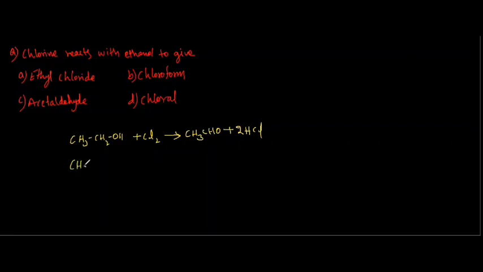The aldehyde again reacts with 3 moles of chlorine to form chloral, CCl3CHO, plus 3HCl. This is called chloral. So chlorine reacts with ethanol to give chloral.